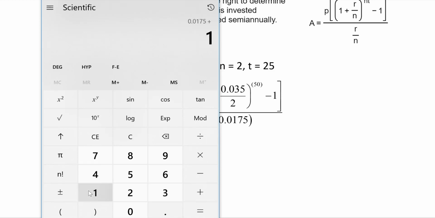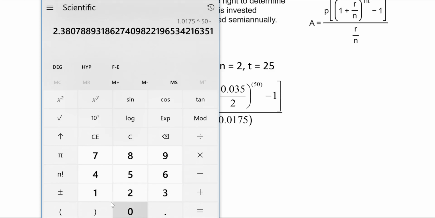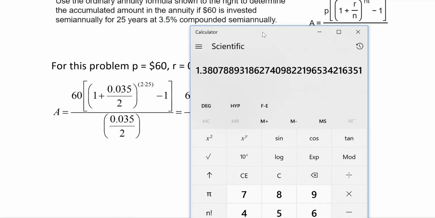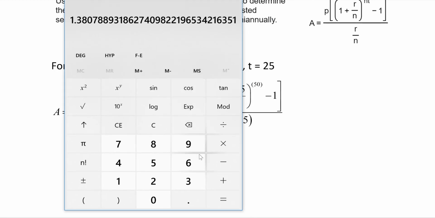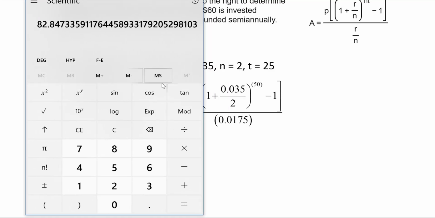And we're going to raise it to the exponent, which is 50. We're going to subtract 1. And then we're going to multiply that by the amount we invested each period, which is $60. And then finally, we're going to divide by the denominator that we already simplified, which is 0.0175.